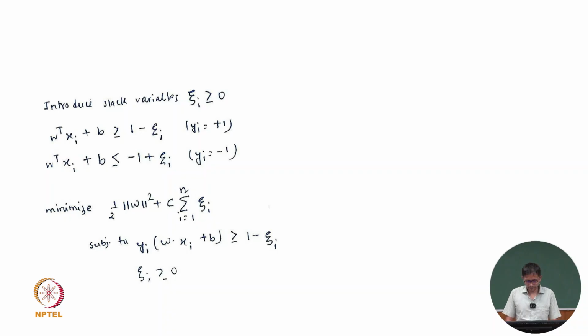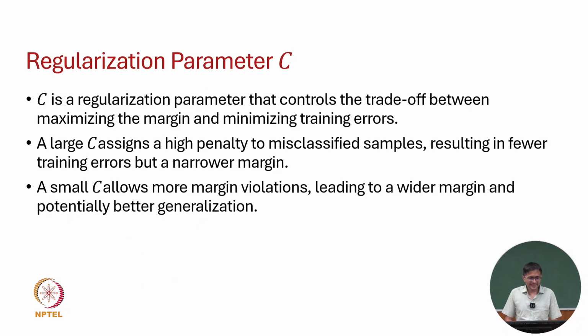Here, one important aspect to note is this c, right? We have added this additional term in our minimization objective with this c multiplier. So this c is a regularization parameter that controls the trade-off between maximizing the margin and minimizing the training errors.